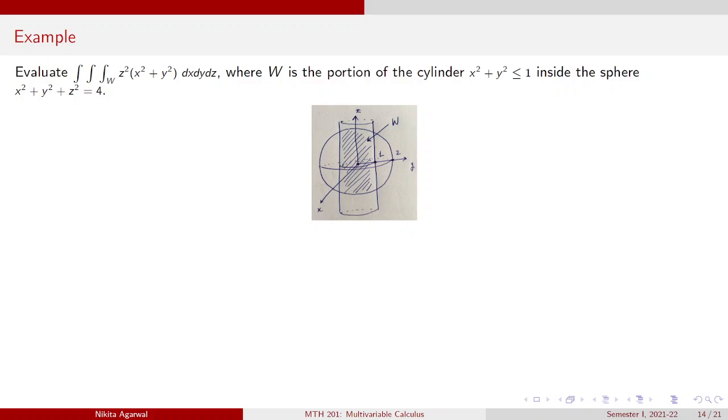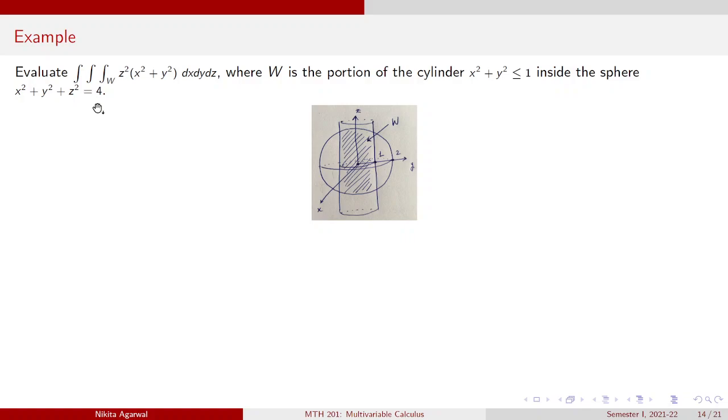Another example, I will quickly go over the region because integration is not so crucial here. So W is the portion of the cylinder x square plus y square less than or equal to 1 inside the sphere x square plus y square plus z square equal to 4.